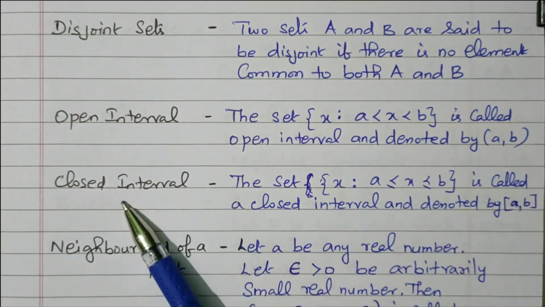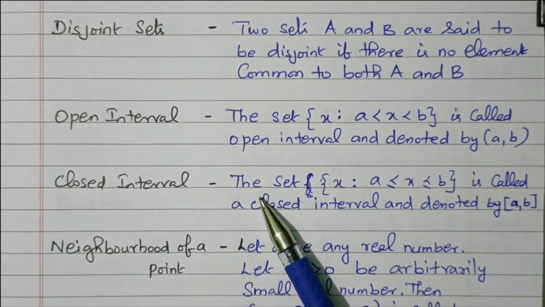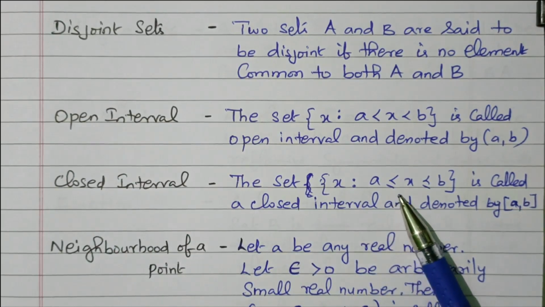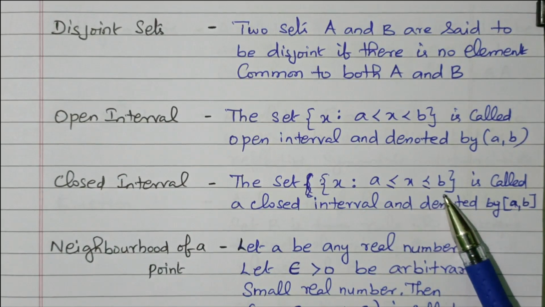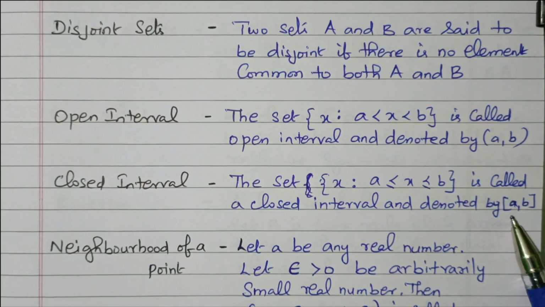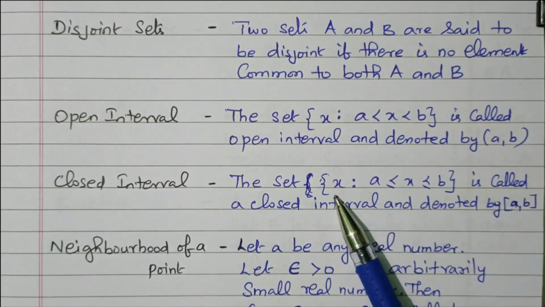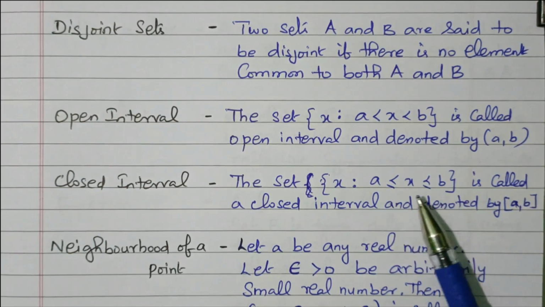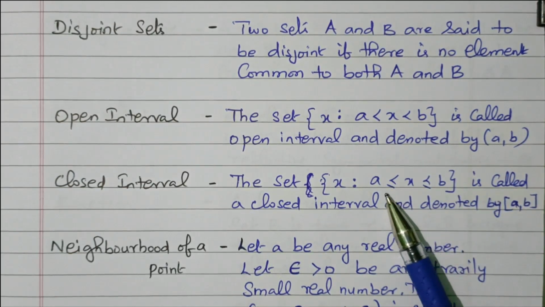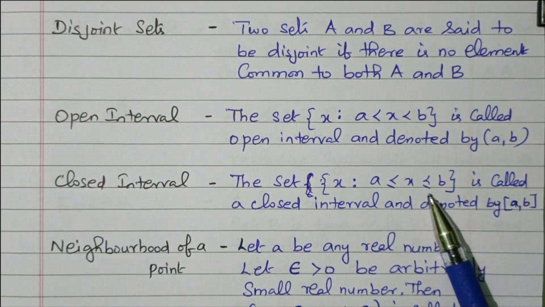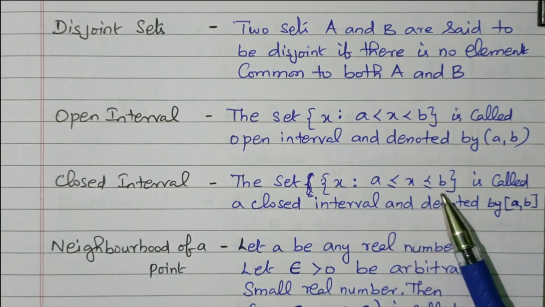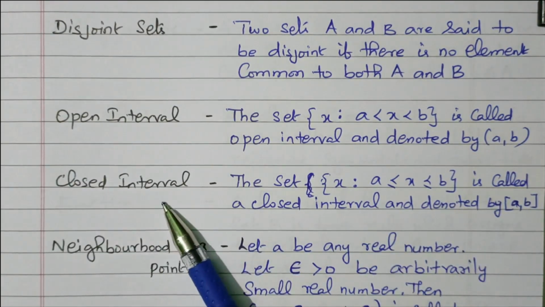In the second one, closed interval, the set of x such that a ≤ x ≤ b is called a closed interval, denoted by square brackets [a, b]. What is the meaning? x is such that in between a and b, and a is also included (less than or equal to) and b is also included. So it is called a closed interval.